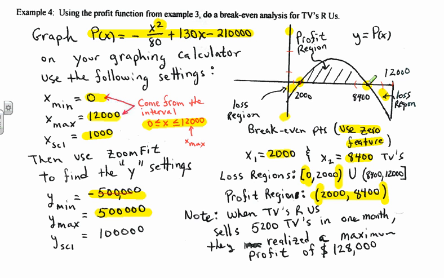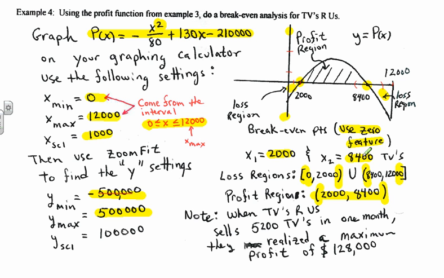And again, I go from parenthesis 8,400, not to infinity, but to 12,000, because the profit function is only defined out to 12,000, as it says right here. So there, we have done a complete break-even analysis.